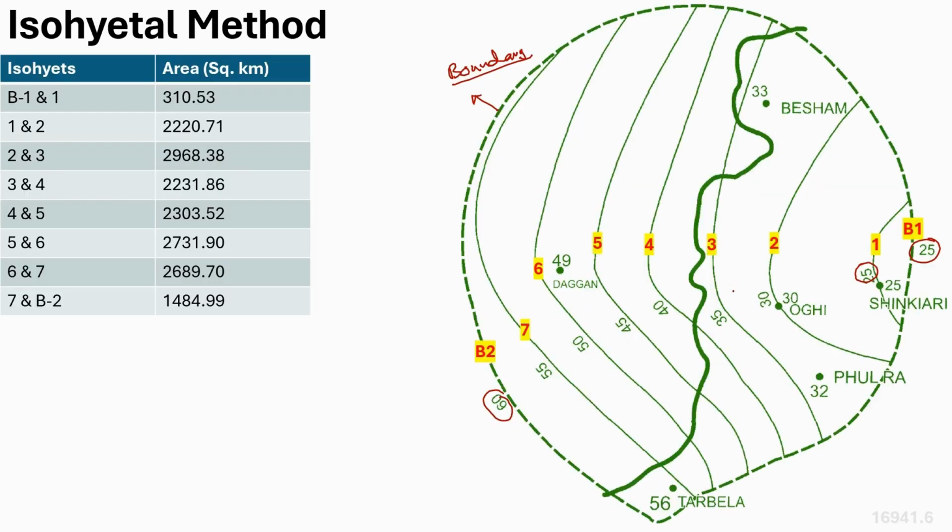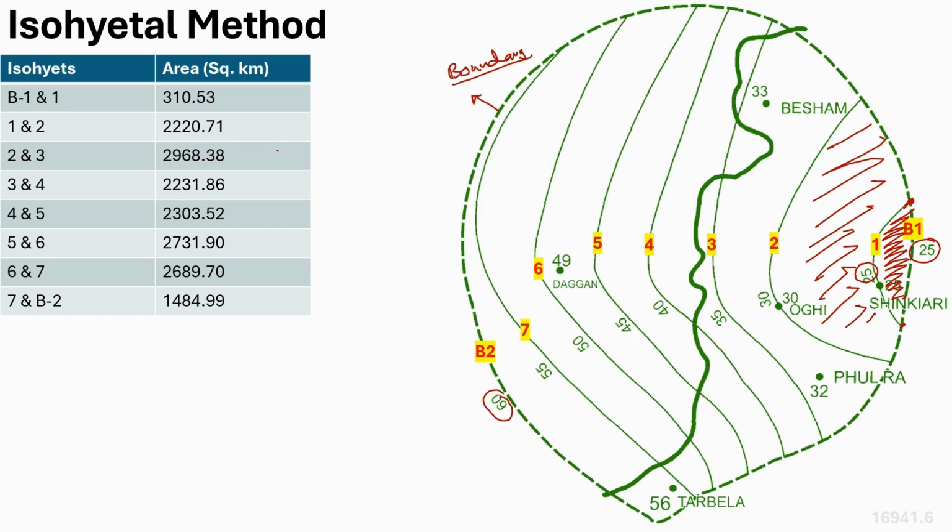So now in this question, our boundary 1 and first isohyet, because the isohyet is starting from this point and till this point, this shaded area has a value of 310.53 square kilometers. From isohyet 1 to isohyet 2, this shaded area will have a value of 222.7 square kilometers.